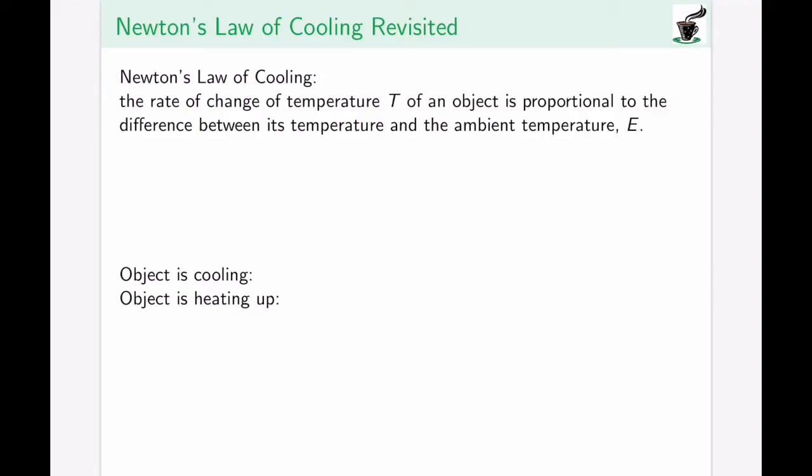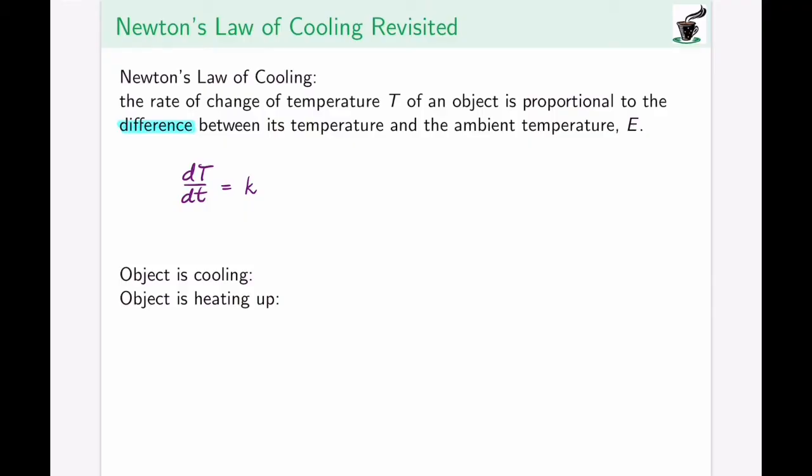The way it's stated says the rate of change of temperature, so this immediately suggests the derivative if we are to write it out, is proportional, with some proportionality constant k, to the difference between the temperature of the object itself and the ambient temperature.